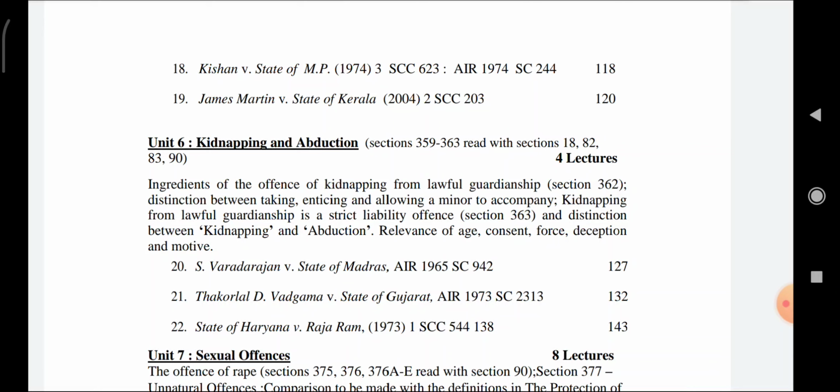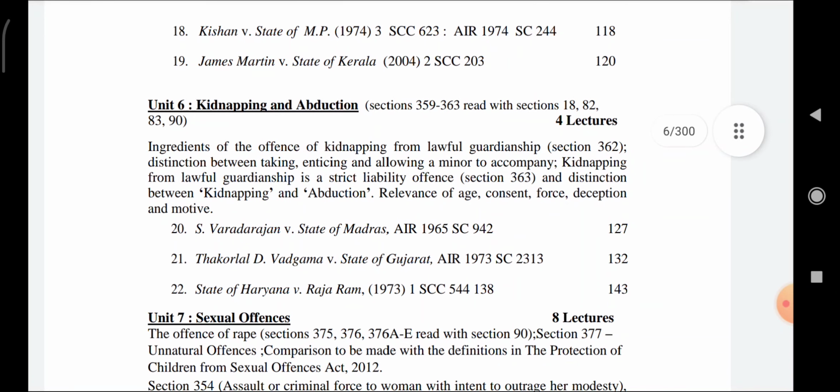Kidnapping from lawful guardianship is a strict liability offense under Section 363, along with the distinction between kidnapping and abduction, and the relevance of age, consent, force, deception, and motive. There are three cases relating to kidnapping and abduction: S. Varadarajan versus State of Maharashtra, Thakorlal D. Vadgama versus State of Gujarat, and State of Haryana versus Raja Ram.